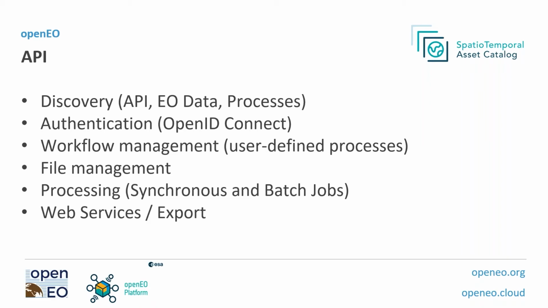You can upload and download your files, of course. You can process the data that you've selected either synchronously or as larger batch jobs. And you can do on-demand processing via web service. So if you have a web map and a workflow that you want to run, you can do that on demand, so the data is just computed on the fly, basically.